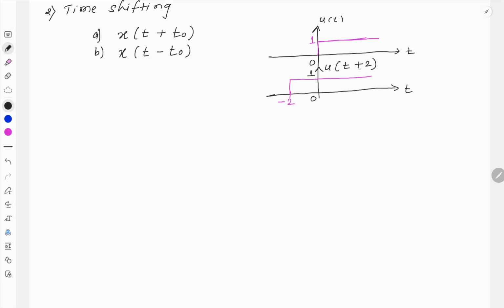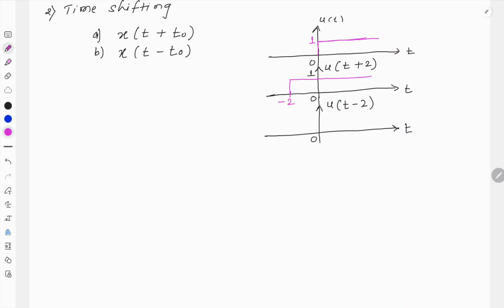Remember, if the shift is positive, the signal is shifted towards the left-hand side, that is towards the negative axis. Similarly, if we have the next signal with negative shift, u of t minus 2, as the shift is negative, we are going to shift the signal towards the positive side.